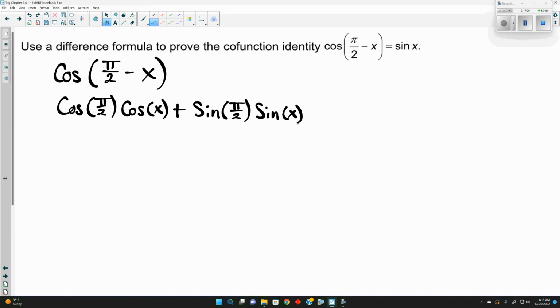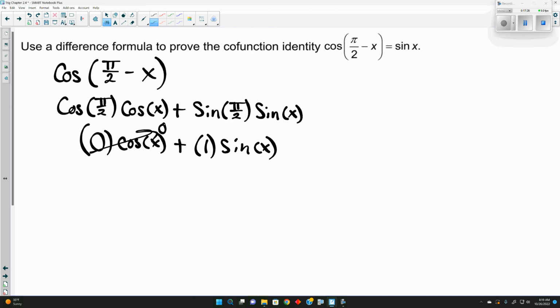Now, when we look at this here, cosine of pi over 2 is 0. So we have 0 times cosine of x, because cosine of pi over 2 is straight up, and that is 0, because it's the x value. Now, sine is the y value going straight up, so it is 1. Well, 0 times cosine is 0.